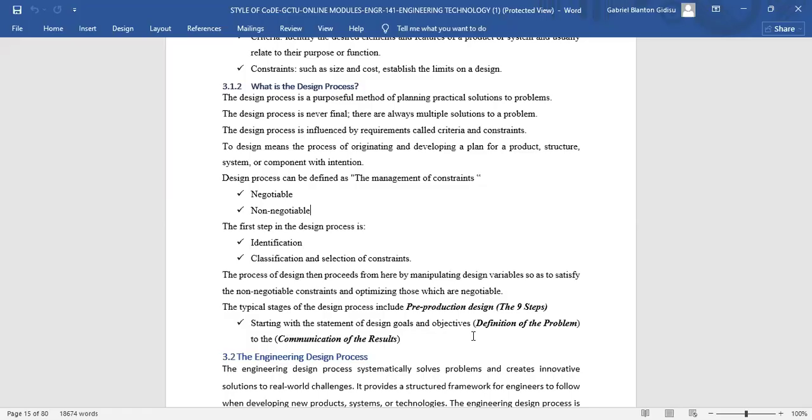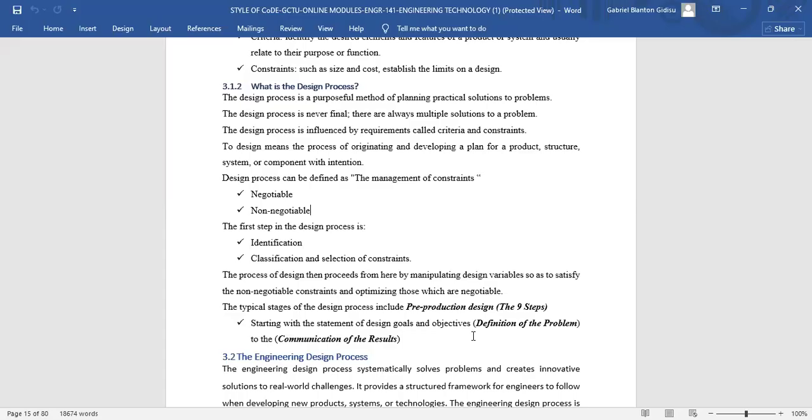Let's see the 9 steps. The first one starts with the statement of design goals and objectives, that is, definition of the problem. In fact, the steps you are going to go through are almost the same as doing a research. So define the problem.